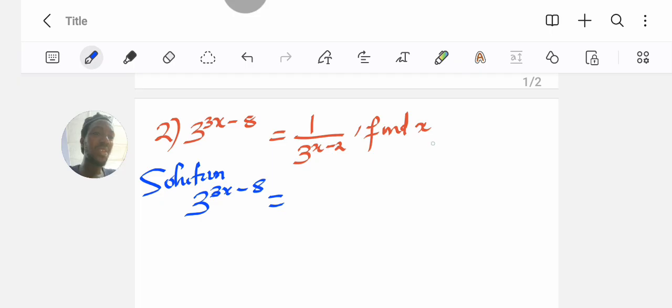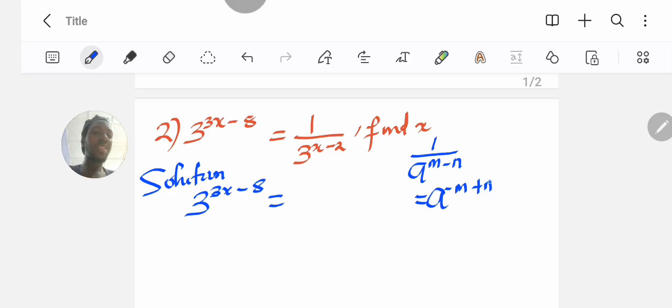For instance, if you have 1 over a raised to the power of m minus n, this is also the same as a raised to the power of, if this m goes up, it becomes minus m, and if this minus n goes up, it becomes plus n.